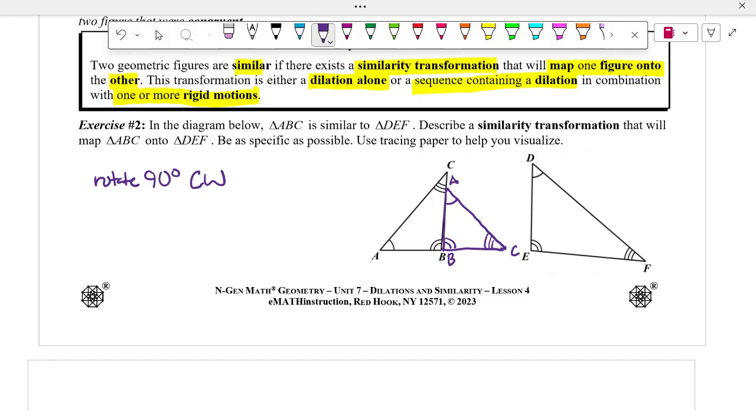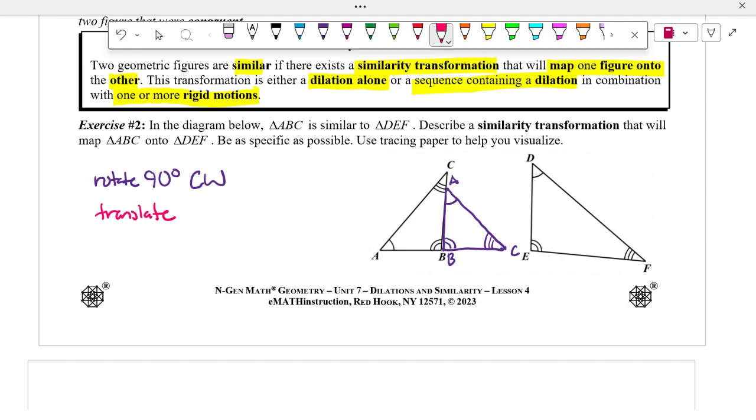What do you think I could do next? You could translate it, all right? So you could translate it or you could dilate it. It just depends. So I'm going to say we're going to translate it first. And we don't know by what. It could be up, down, some, left or right, whatever.